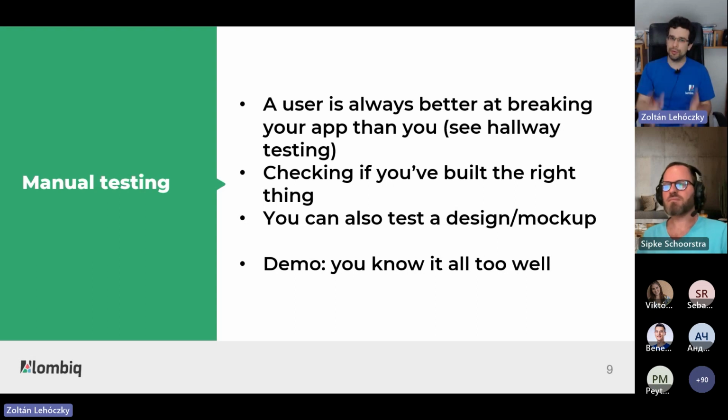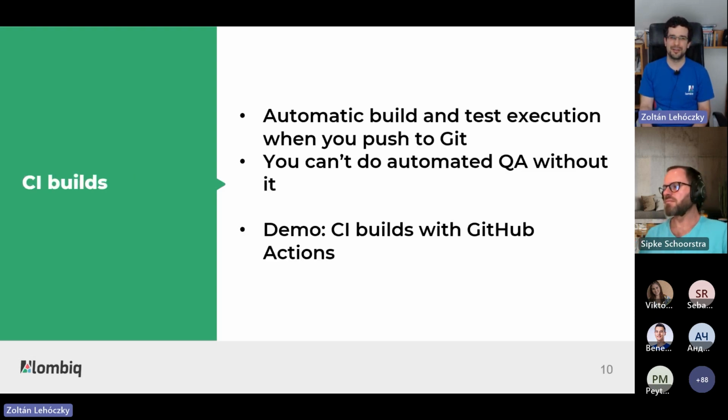And you can do all of this manual testing even before a line of code is written. You can provide a design or a mock-up to users and see how they behave. But I won't provide a demo with that. You already know how this works.